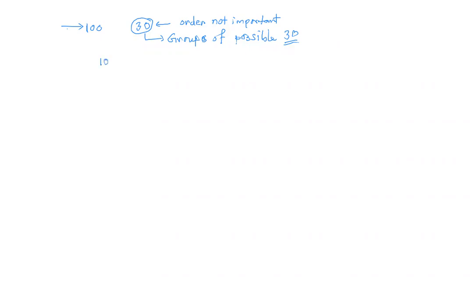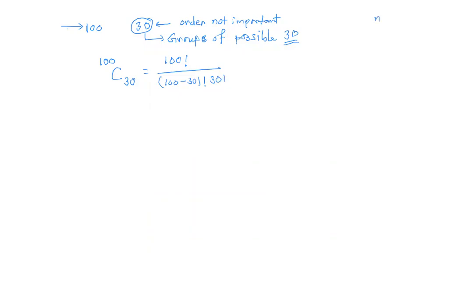From a group of 100 different students, you're collecting groups of 30. So 100C30, which comes out to be 100 factorial divided by (100 minus 30) factorial times 30 factorial. That's the formula.